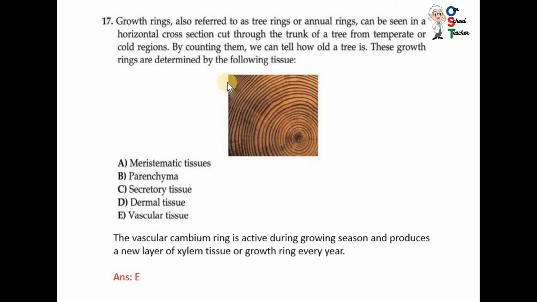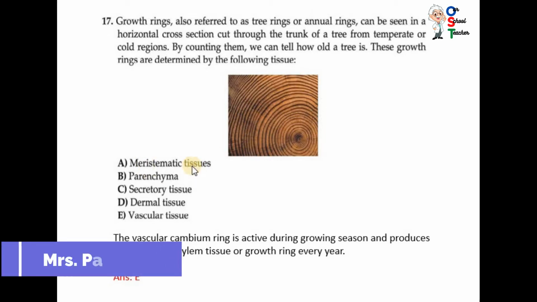These growth rings are determined by the following tissues. You can see these are the rings, known as cambium rings, and every year they form a ring. When we count them, we can say this tree is so many years old.